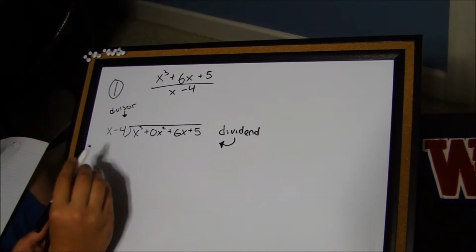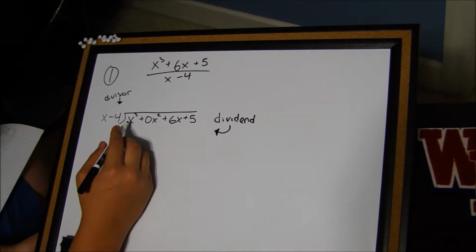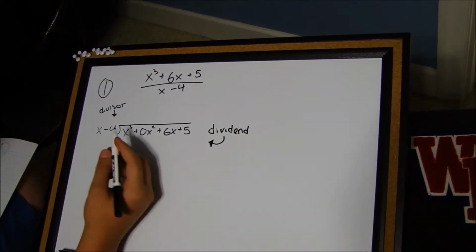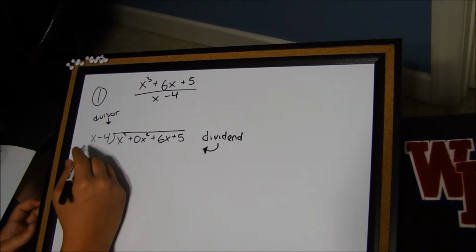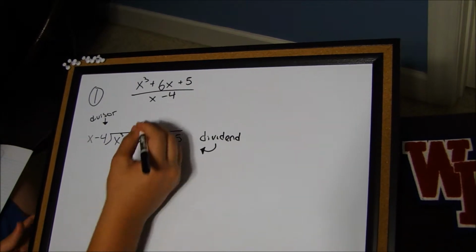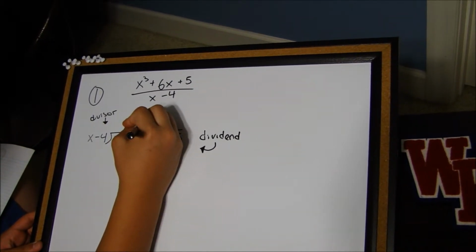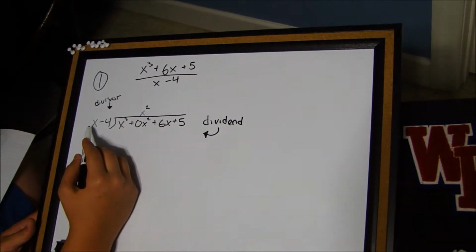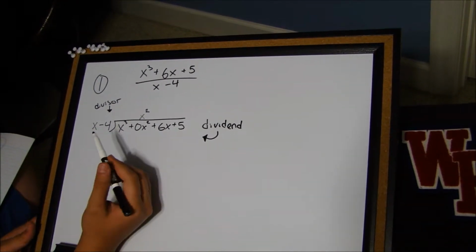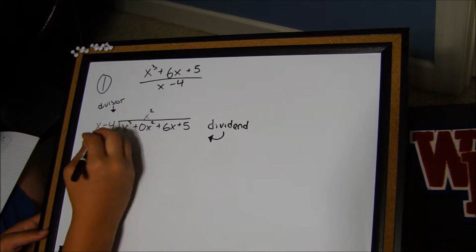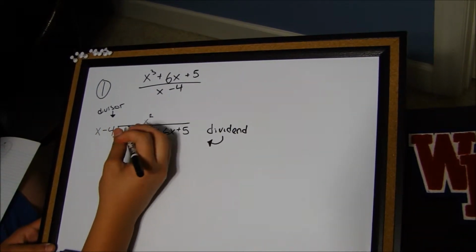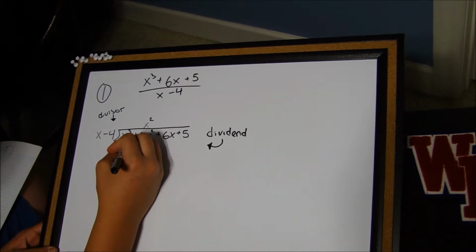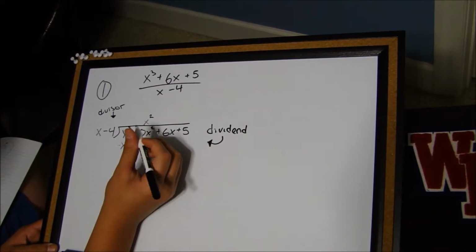Okay, so we begin by dividing x cubed by the first variable of our divisor, which is x, and so x goes into x cubed x squared times, so we put that up there, and then we multiply it by this, and then subtract that from our dividend, so we get negative x cubed.